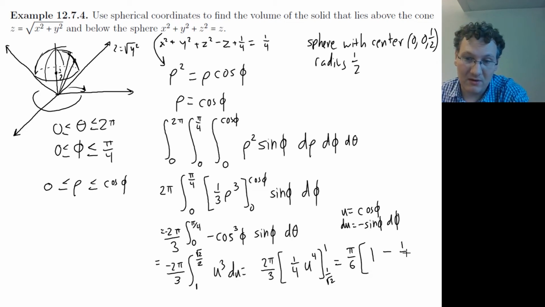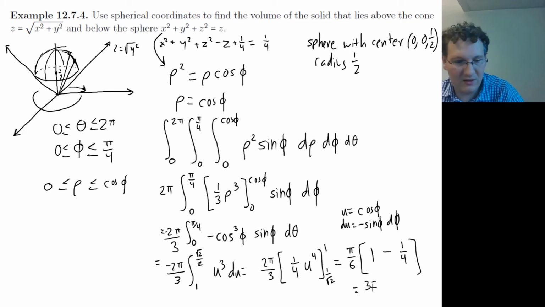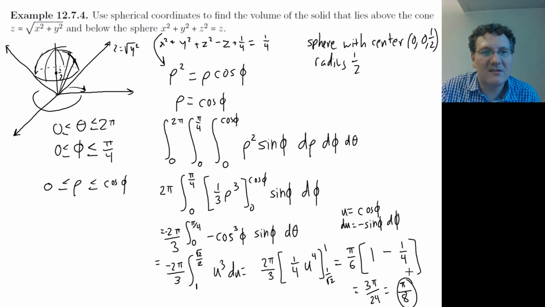That's going to be 1 fourth. And so this is 3 fourths. So this is 3 pi over 24, which is just pi over 8. That's the volume of this snow cone.